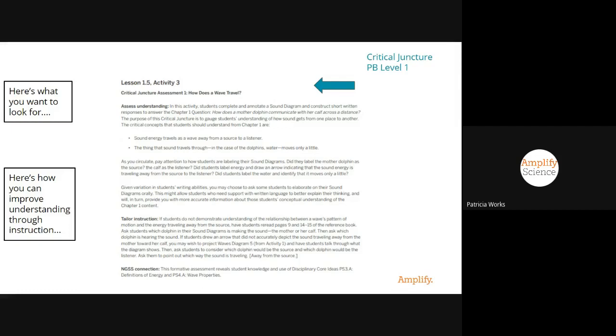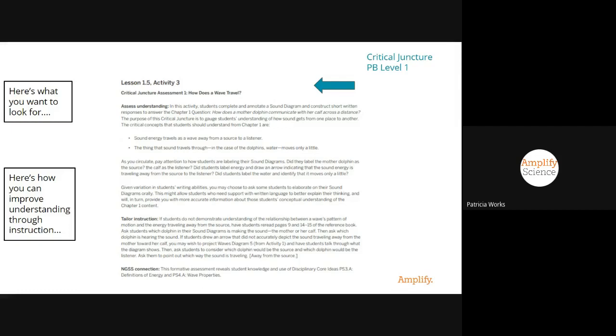To tailor instruction, it suggests revisiting pages in the reference book, and it gives specific suggestions of questions and statements the teacher can make to elicit student ideas and help students make their thinking visible. So looking back at Progress Build Level 1, what do you notice?